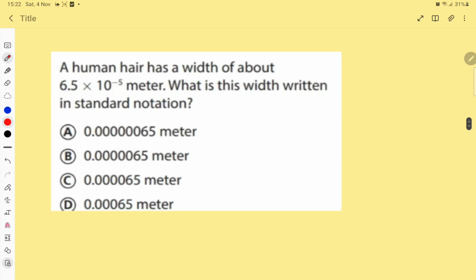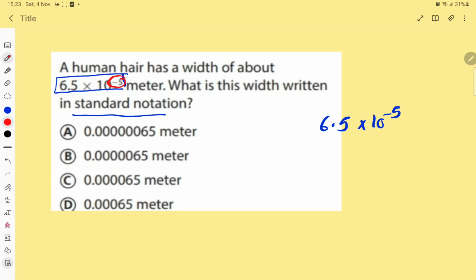A human hair has a width of about 6.5 times 10 power negative 5. What is this width written in standard notation? Take care, this is scientific and all of these are standard. Choices will be similar like this. So let's think. 6.5 times 10 power negative 5. The decimal point will move how many places? 5 places.